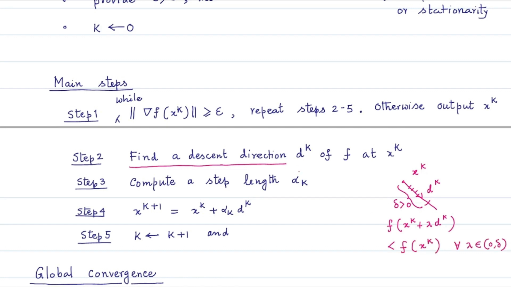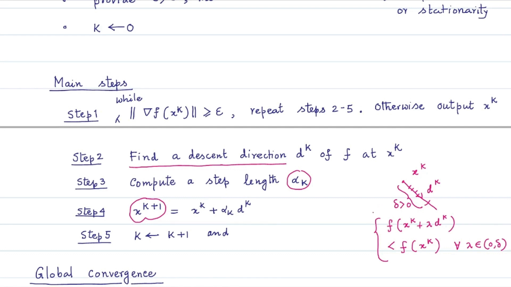We choose the step length in step 3 so that this inequality is valid, and therefore in the next iterate xk plus 1 the function value is certainly smaller than that at the point xk.